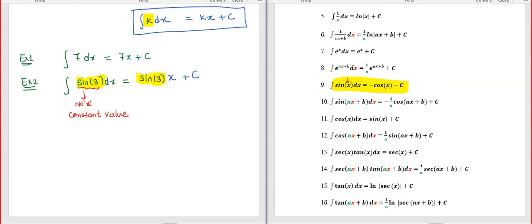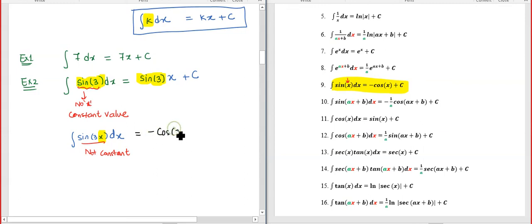It is different from the term integration of sine 3x dx. Here you have the term x, so it is not a constant. It is a non-constant function. So yes, you have to make use of the sine rule. So here it will give you minus cosine of 3x over 3 plus c. So note the difference.